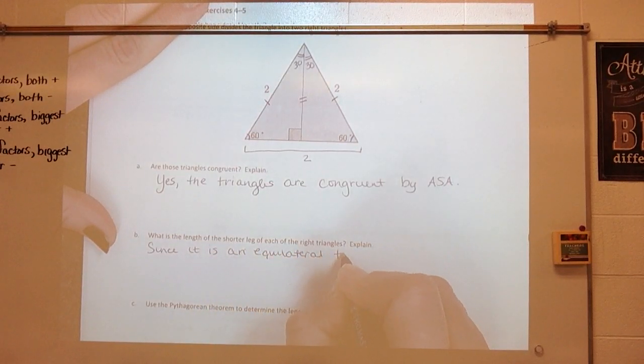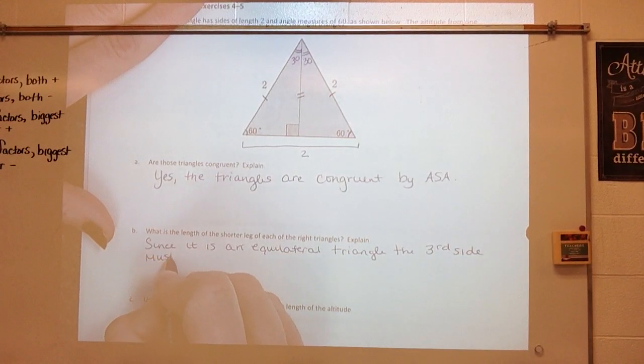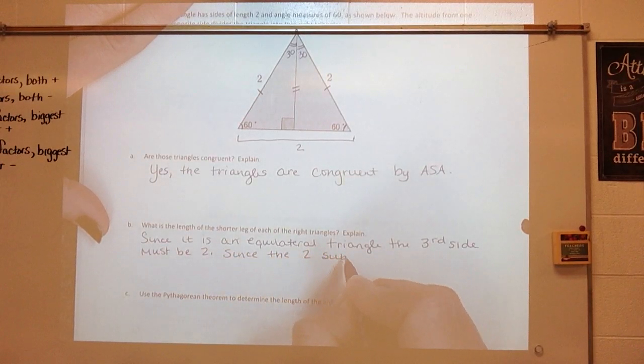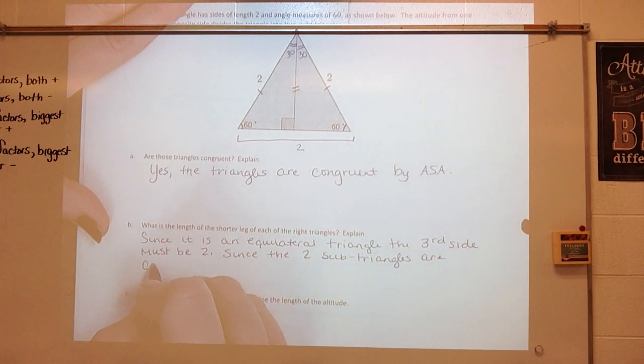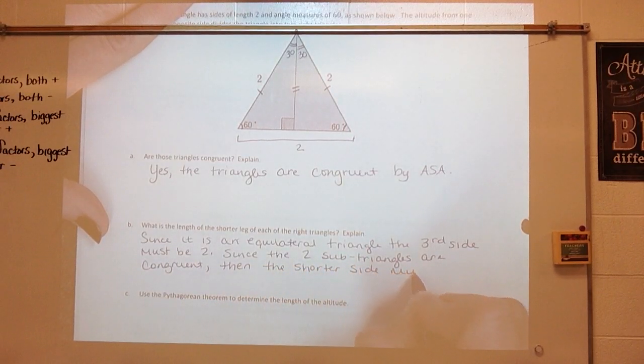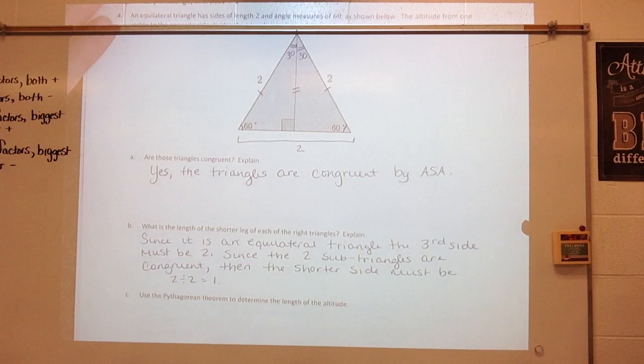So since it is an equilateral triangle, the third side must be 2. Since the two subtriangles are congruent, then the shorter side must be 2 divided by 2, which is 1.